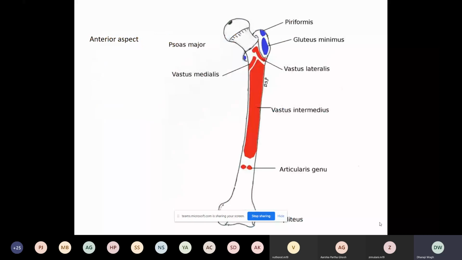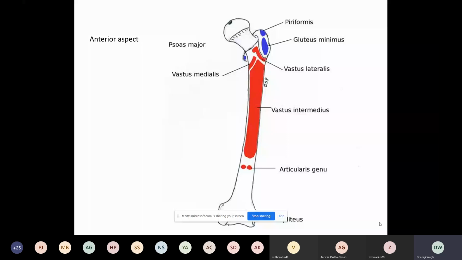Now come to the muscle attachments on the femur bone. Before, we have seen the fovea attachment, there is the ligament of the head of femur or round ligament or ligamentum teres attached at the fovea. Then we can see piriformis insertion into the apex of the greater trochanter. Then gluteus minimus is inserted into the rough lateral part of the anterior surface.